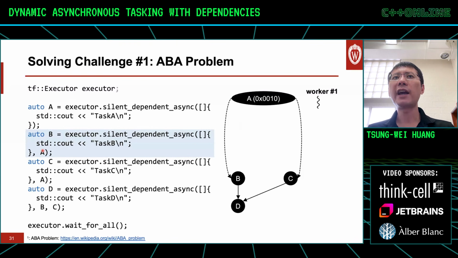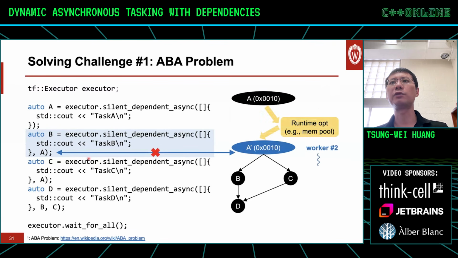Now, if A finishes really quickly and its resources are reclaimed by its running worker due to memory pool or object pool optimization or recycling-style optimization, then the task A you refer to may not be the original one, right? Even though it has the same memory address. So this is the classical ABA problem.